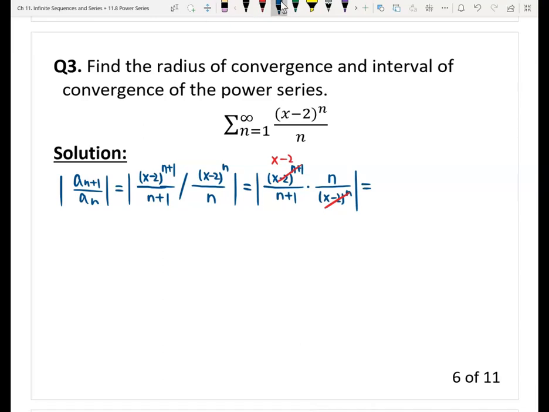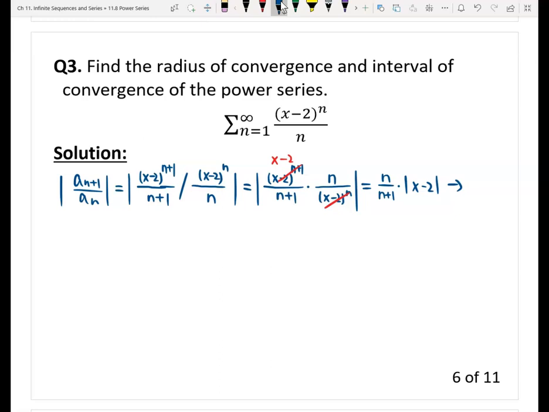Therefore, we have these results: n over n plus 1, the coefficient, times the absolute value of x minus 2. What's the limit? n over n plus 1 approaches 1.